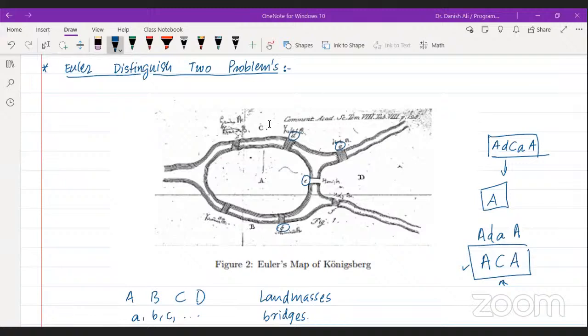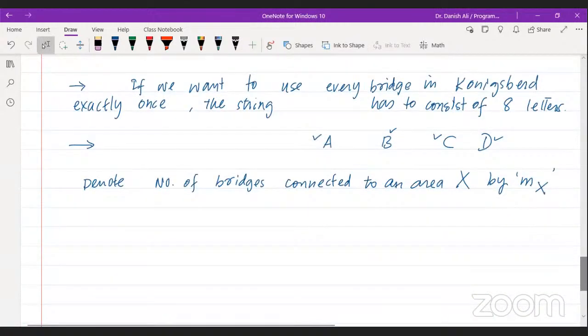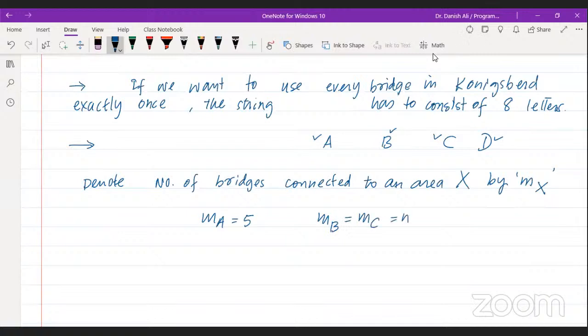With D? 3. And with B, also 3. So MA is equal to 5, and MB, MC and MD are all equal to 3.